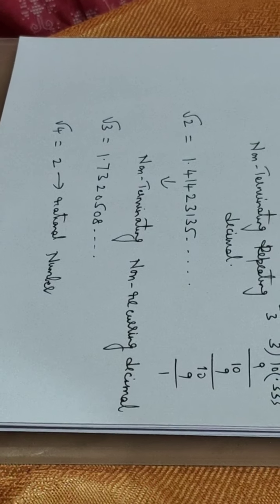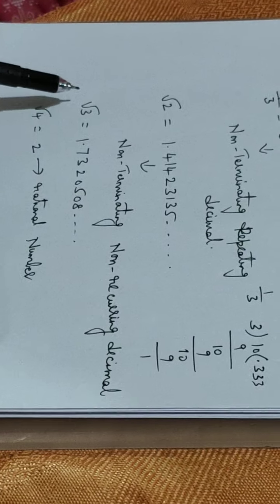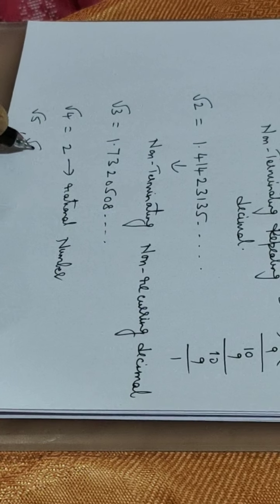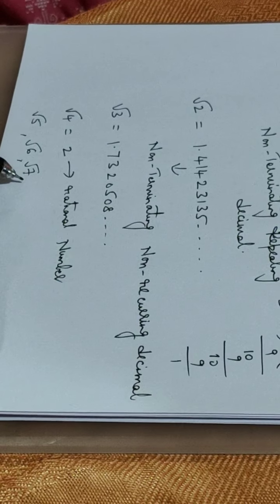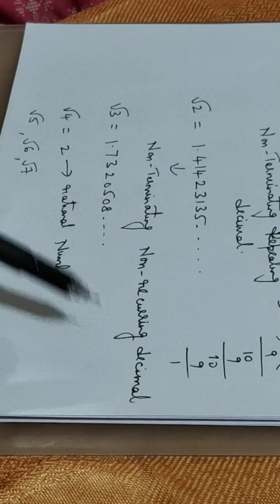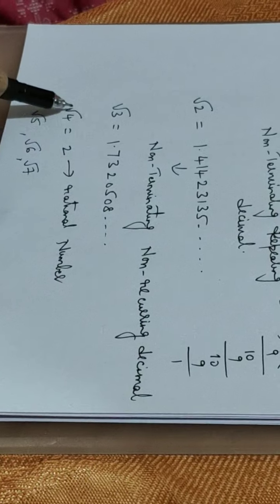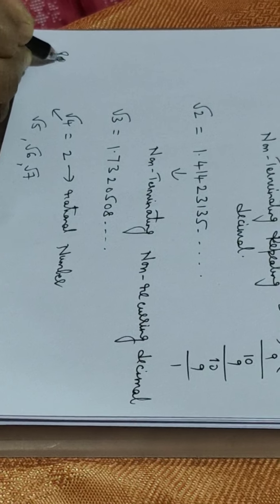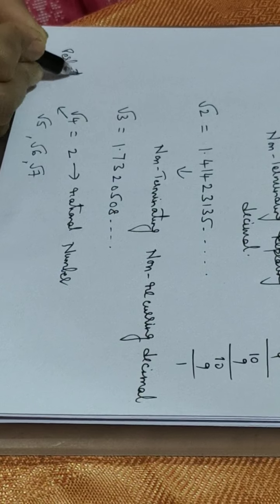So we observe that root 2, root 3, root 5, root 6, root 7, all these are non-terminating, non-recurring decimals. Root 4 is equal to 2. Here 4 is a perfect square.